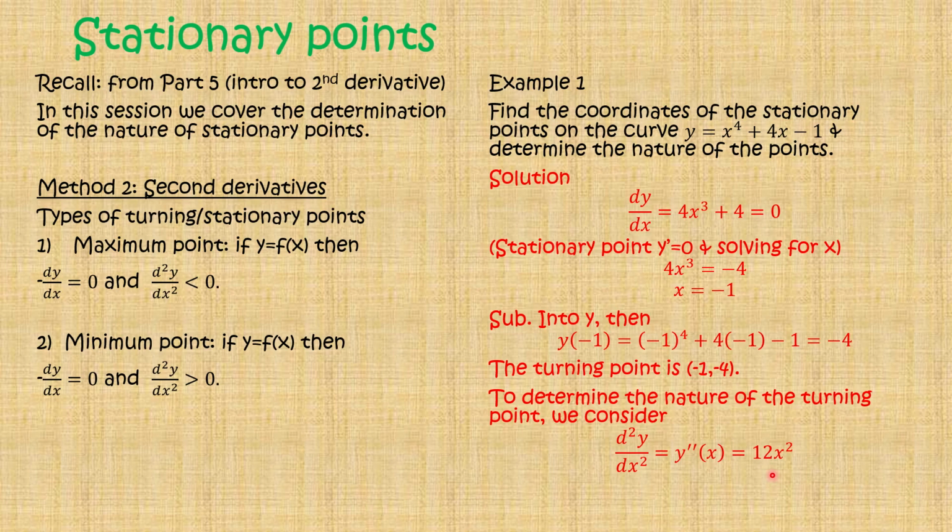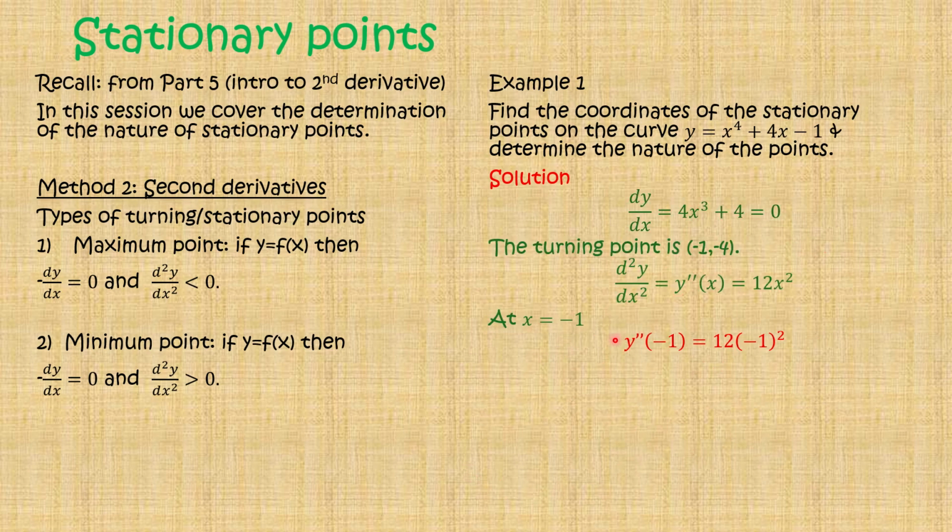Now that we have the second derivative, what's left is to evaluate at the turning point using the x coordinate, and our x coordinate was -1. So in short, we are trying to find y double prime of -1. Where we had x, we substitute with a -1, so that we have 12 times (-1) squared.